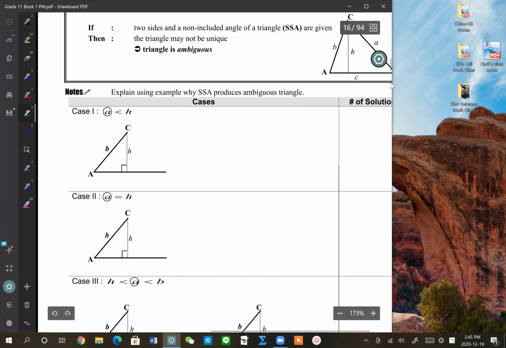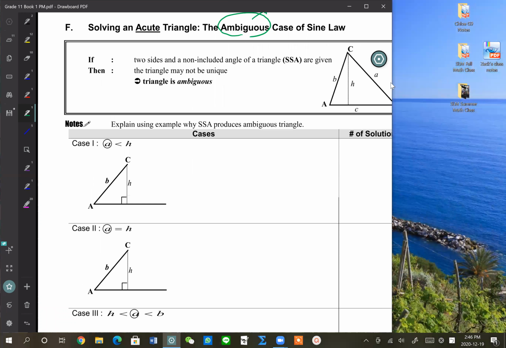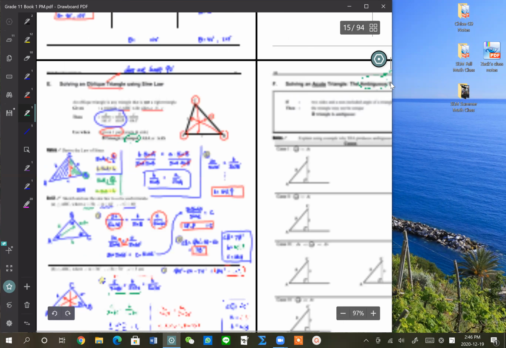Okay, so it all depends on the values of the measurements. So you will know the question is ambiguous if they give you an angle and then two sides. Okay, let's look at the other page.